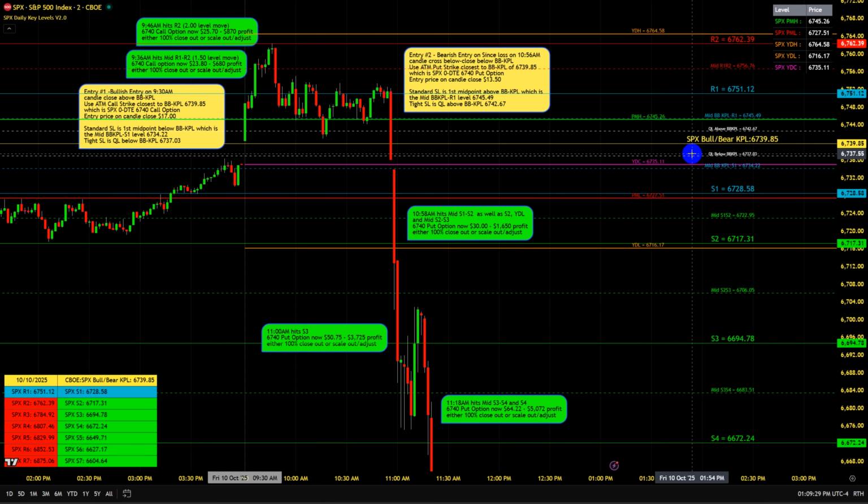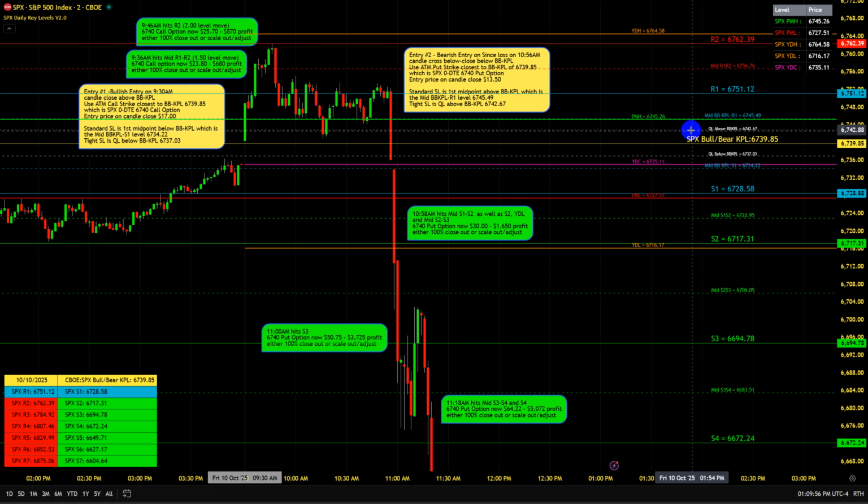So in the case of the SPX bull bear key price level, on a bullish trade your standard stop loss is the first midpoint below, and on a bearish trade derived and triggered from the bull bear key price level, your standard stop loss would be the mid BBKPLR1, which is the first midpoint above.